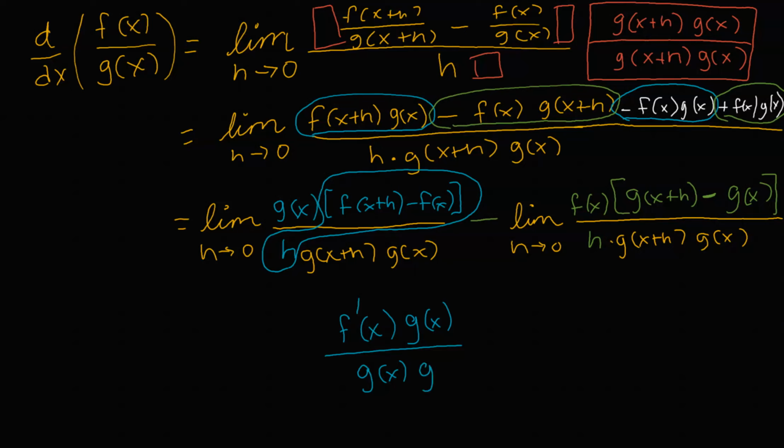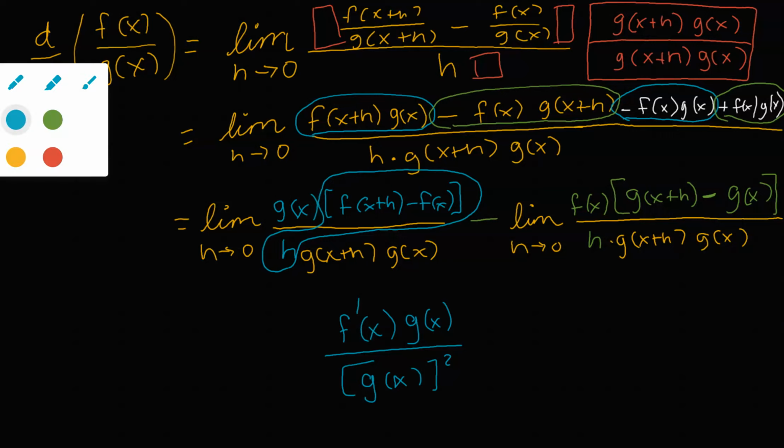And then you have another g of x, which we can write g of x squared. Now, on the green, that would be minus.